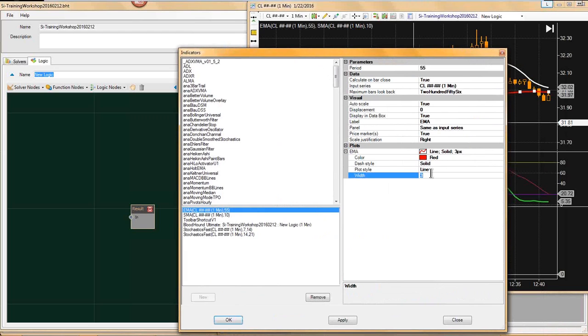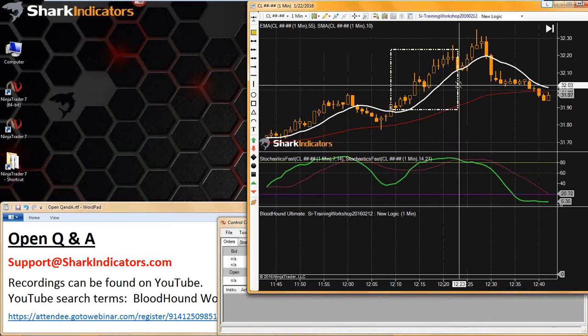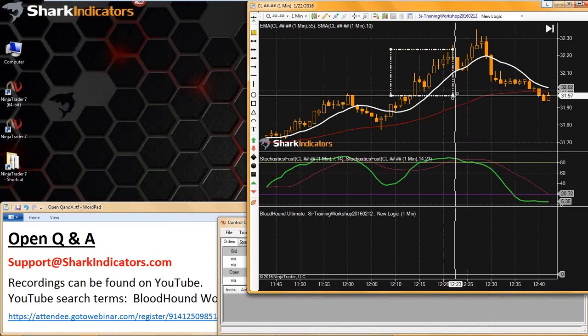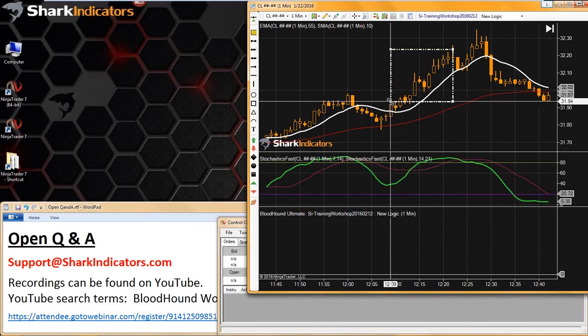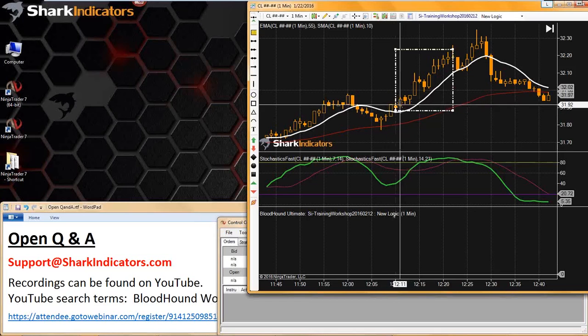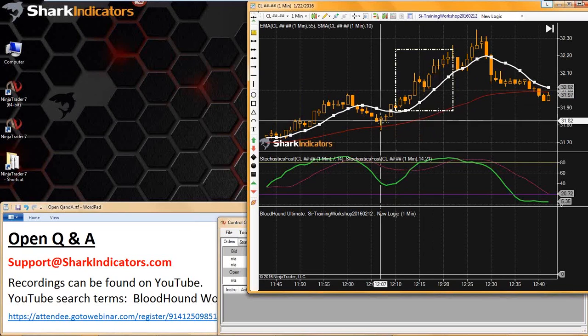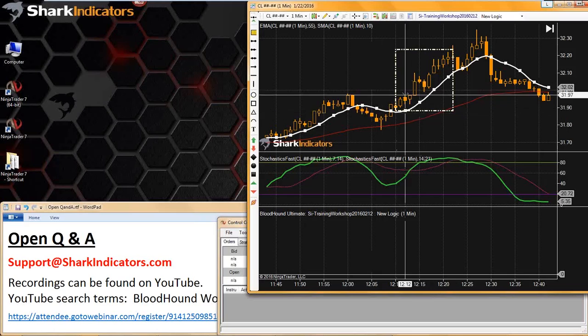Let me make this other one smaller, so it fades back a little bit. All right, so I could build an exit signal that fires off an exit whenever the bar is completely above our moving average, or whenever the bar is completely below it.